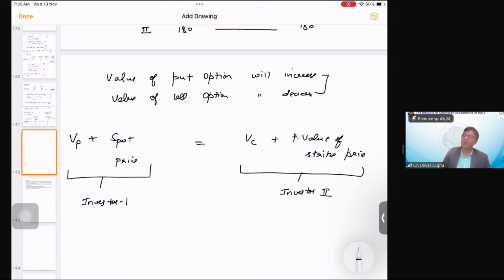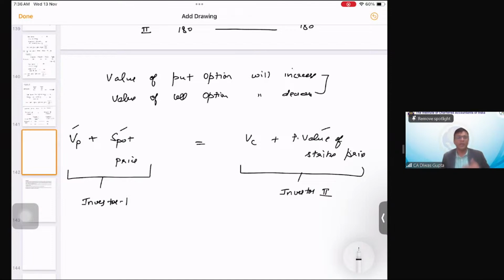Okay, clear? Now, practically where will the put call parity theory be used? It will be used in those places, students, where, let's say, you have been given this, and this, and you have to find out the value of the call option. You can do that, right? By putting three things in the equation you can calculate the call option.